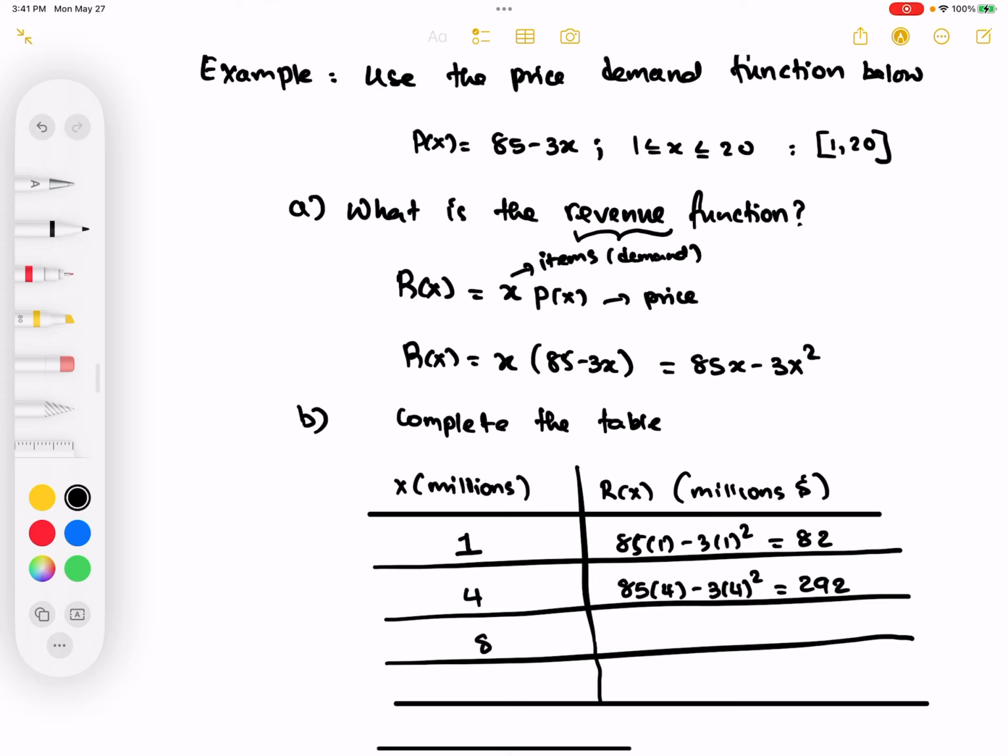If the company sells 8 million, 85 multiplied by 8 minus 3 times 8 squared, so the company revenue becomes 488 million. If the company, let's say, sells 12 million items, so 85 times 12 minus 3 times 12 squared, and this is 588 million.